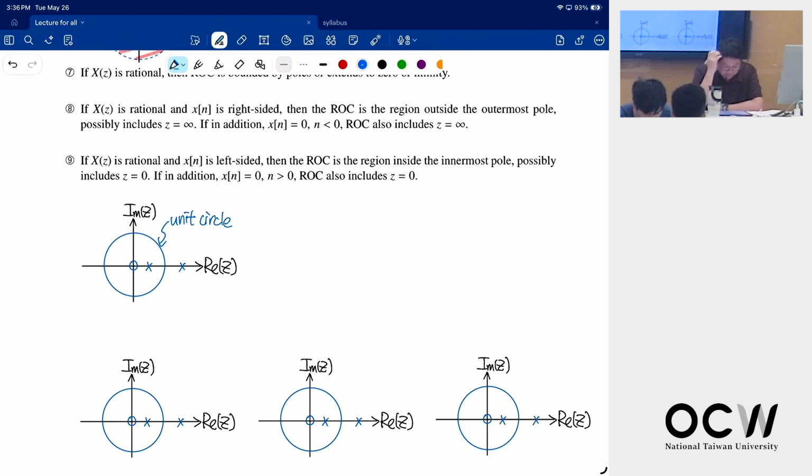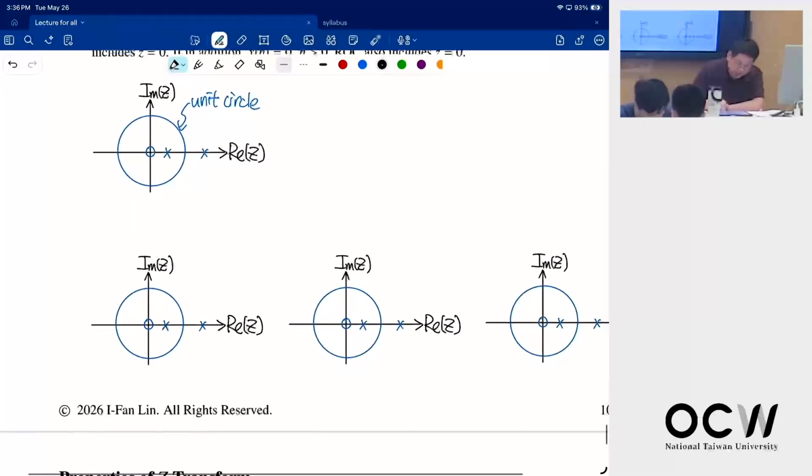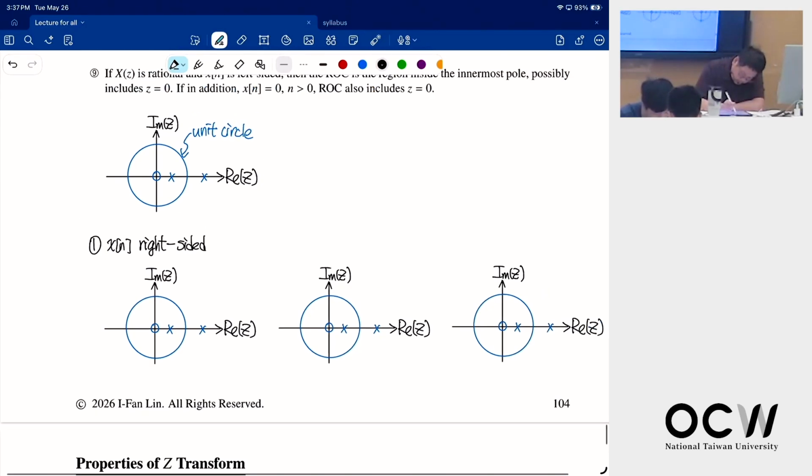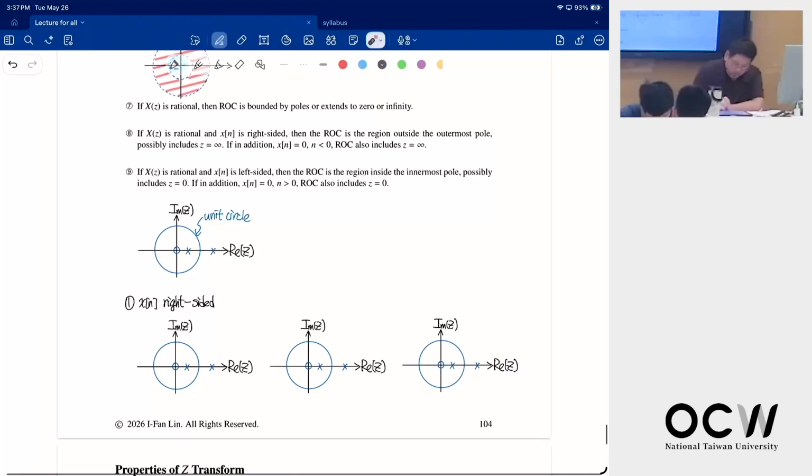Okay, so first, if x is right-sided, where is the region of convergence?